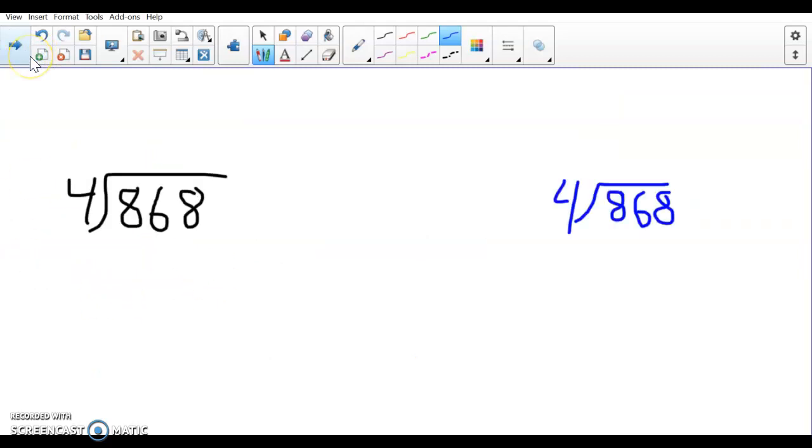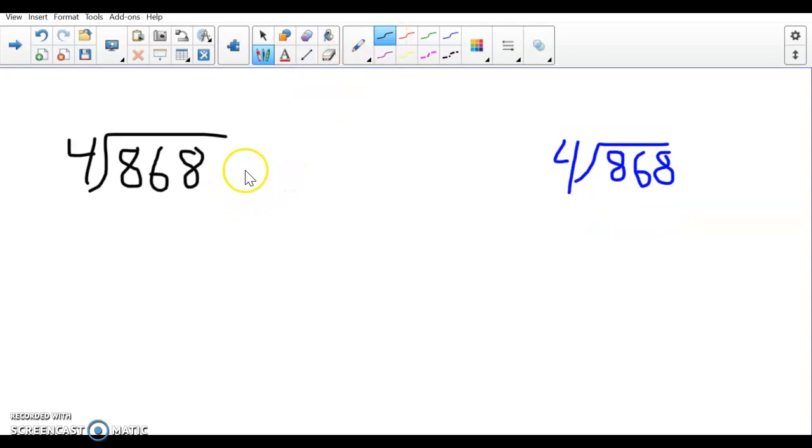So on 147, let's do the first one together. When I'm working on number 6, the very first one on the page, let's look at making this as simple as possible for us. I'm going to draw my line down the side, and I'm going to start with, it's in the hundreds place, so can I pull out 100 fours?